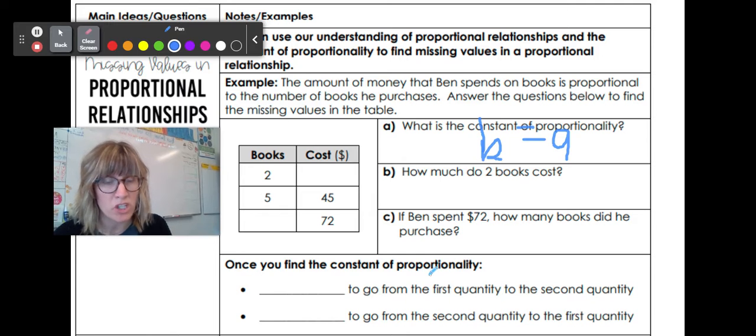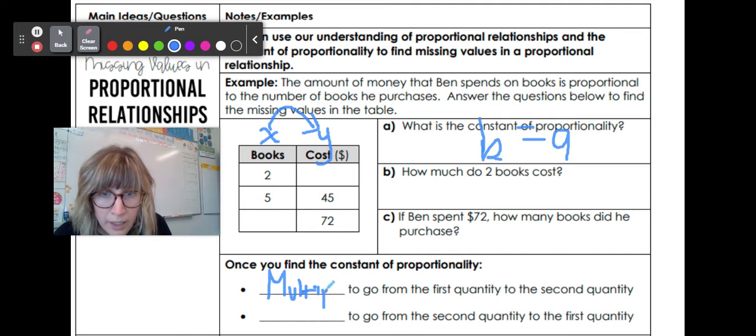Once you find the constant of proportionality, you can go from the first quantity, in this case your X, your books, to your second quantity, the cost.